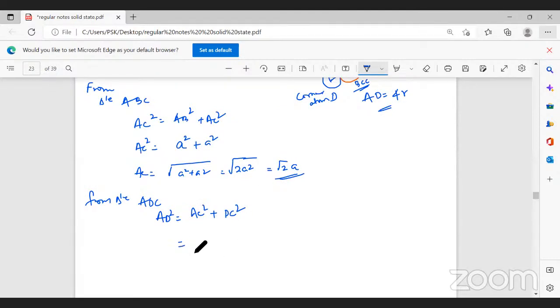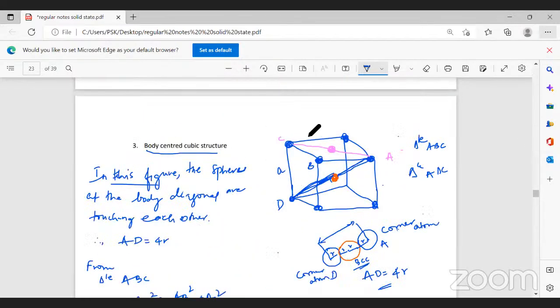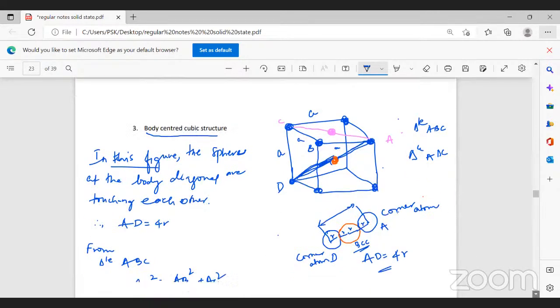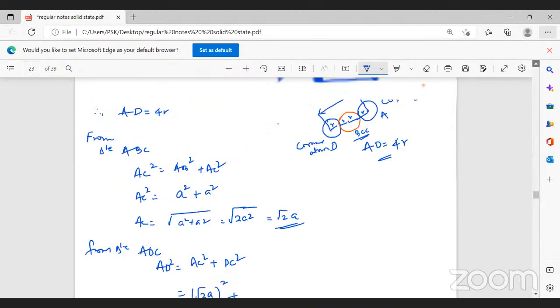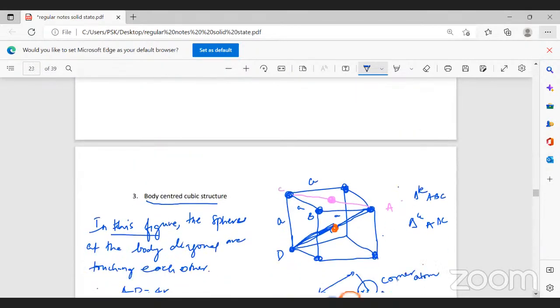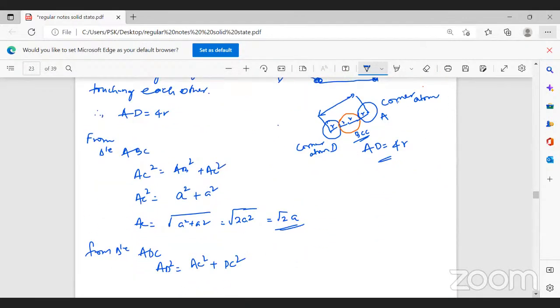What is AC? AC we found as root 2A. So root 2A the whole square plus what is DC? DC also should be the edge length only, no? A. Therefore it will be A square.